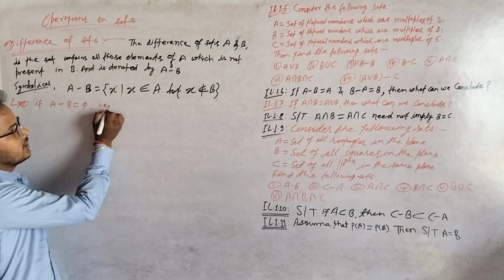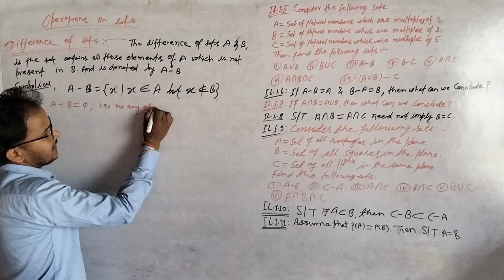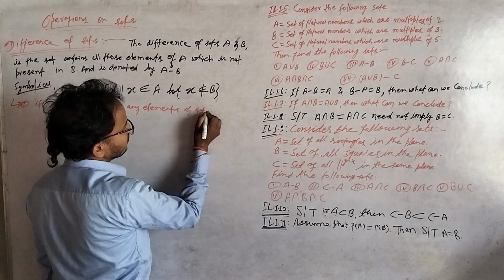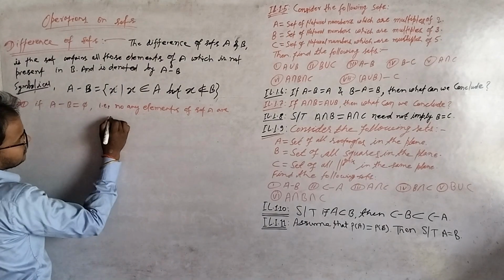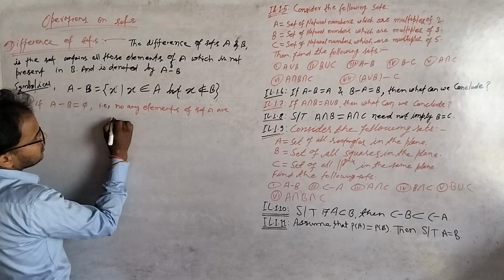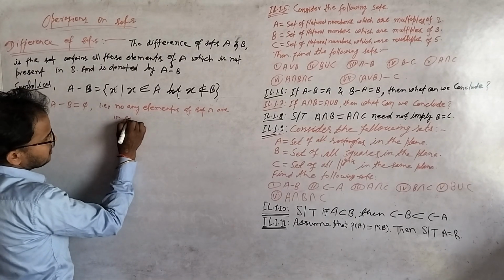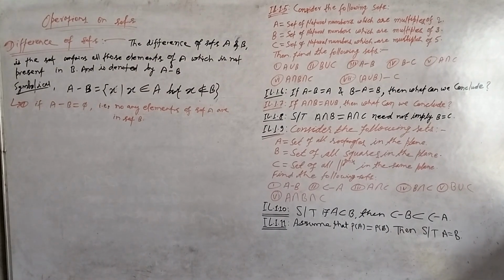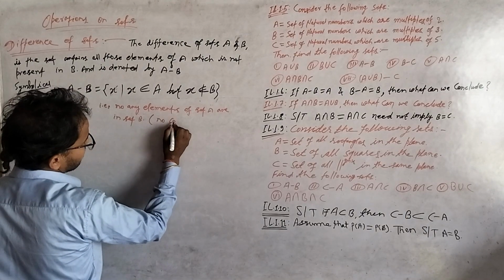So no elements of set A are in set B. Okay, ये चीज हो गया. That means no common elements.